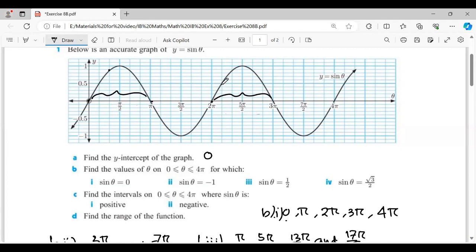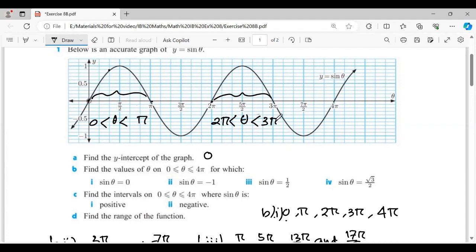So this interval is theta greater than 0, less than pi, and this interval is theta greater than 2 pi, less than 3 pi.